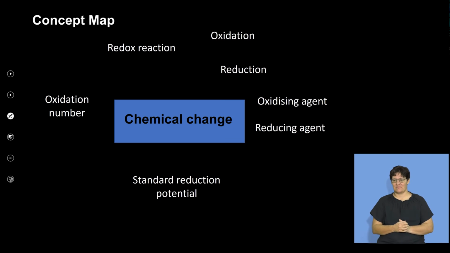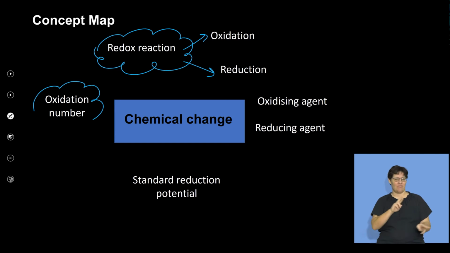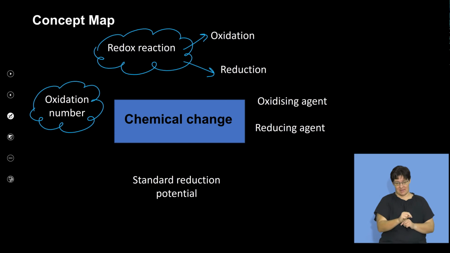So we are going to look at redox reactions now, right? And in the context of oxidation as well as reduction reactions, we shall try and arrive at the processes of oxidation and reduction with reference to oxidation numbers of a particular substance in a reaction, right?